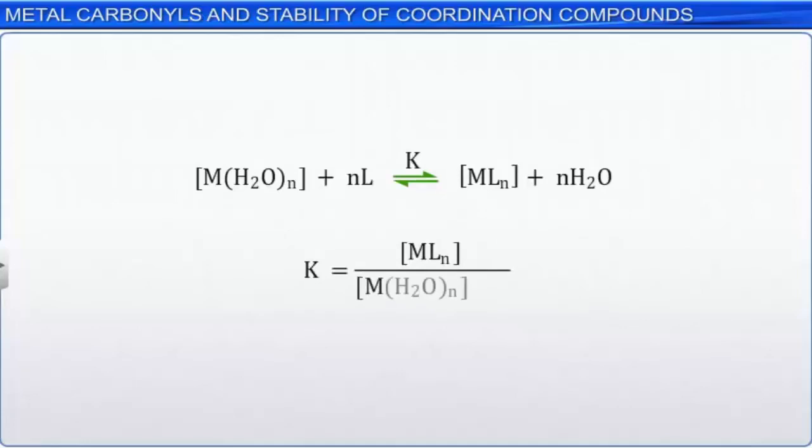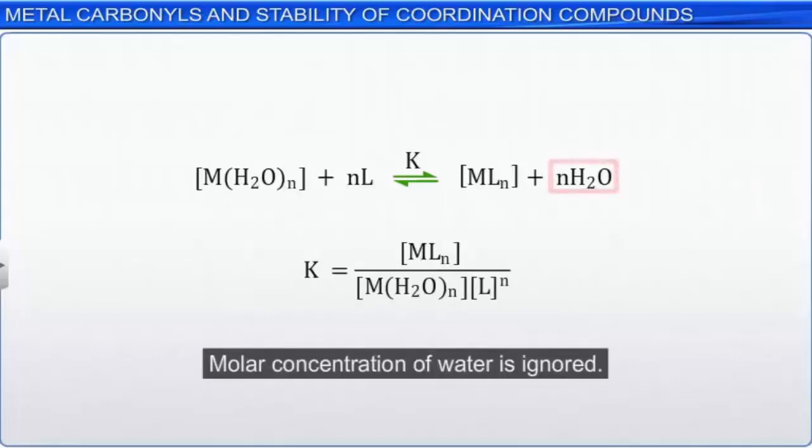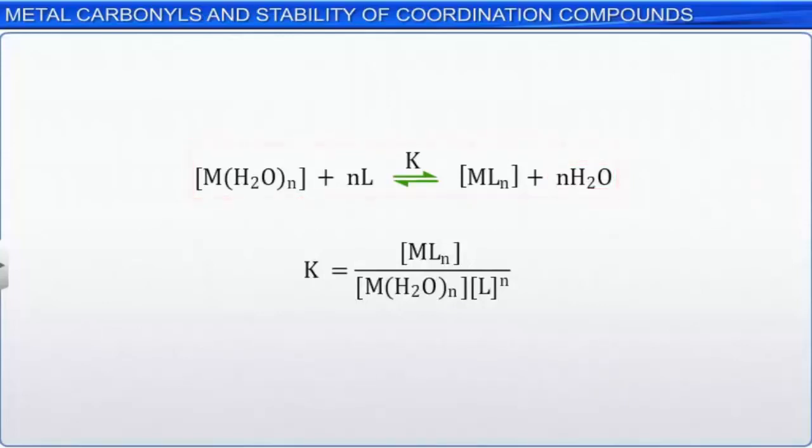This reaction is assumed to take place in several steps with suitable formation constants in each step. The first step may be written as M(H2O)n plus L in equilibrium with ML(H2O)n-1 plus H2O.